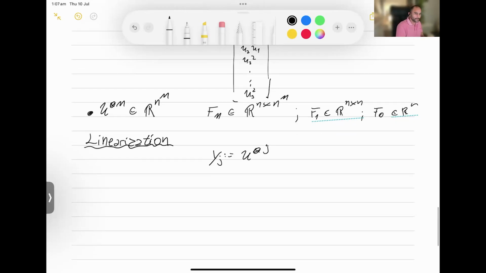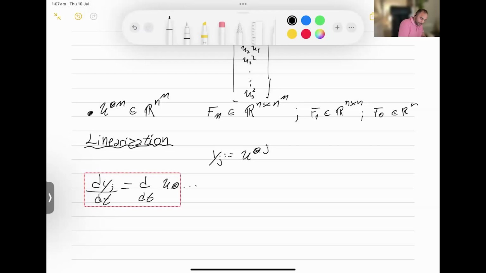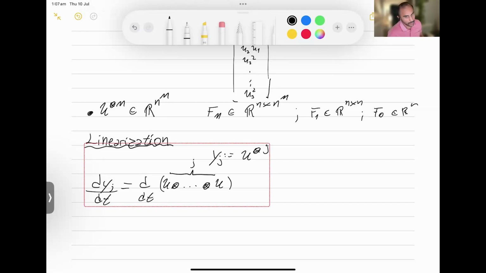So more attention is needed here. Remember, now I have these Kronecker products, and at the end of the day, I have j components repeating themselves.